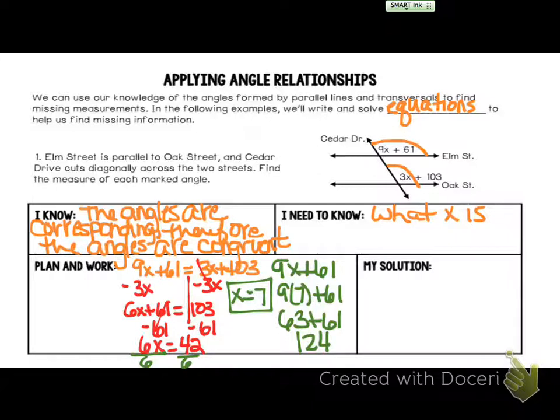So I'm going to write down my second equation, 3x plus 103. Well, x is 7. So 3 times 7 gives me 21. Plus 103 gives me 124. So my solution is 124 degrees.